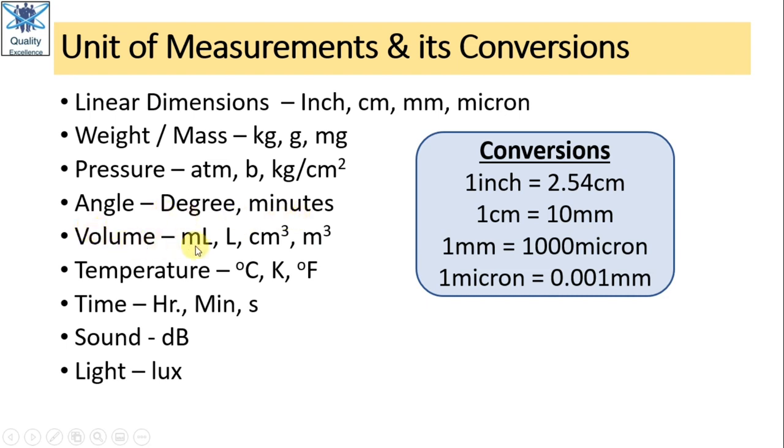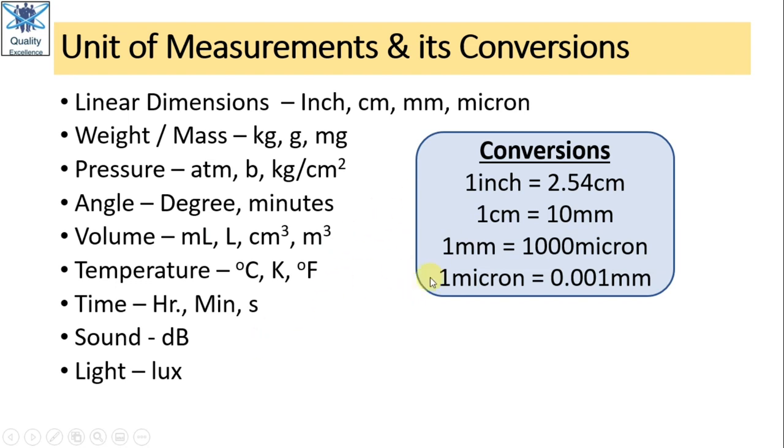For volume: milliliter, liter, centimeter cube, meter cube. For temperature: degree Celsius, Kelvin and degree Fahrenheit. Here, you have seen there is no degree mark in Kelvin. Please remember this. Time: hour, minute, second. Sound: decibel. Light: lux. So these are the units of measurements of these parameters, right?